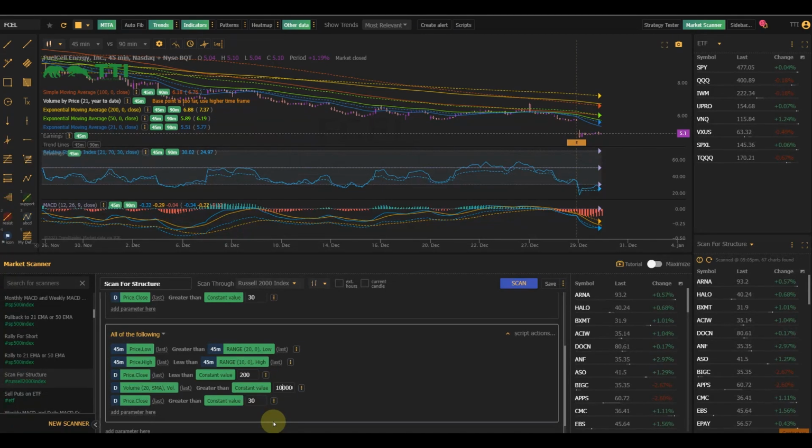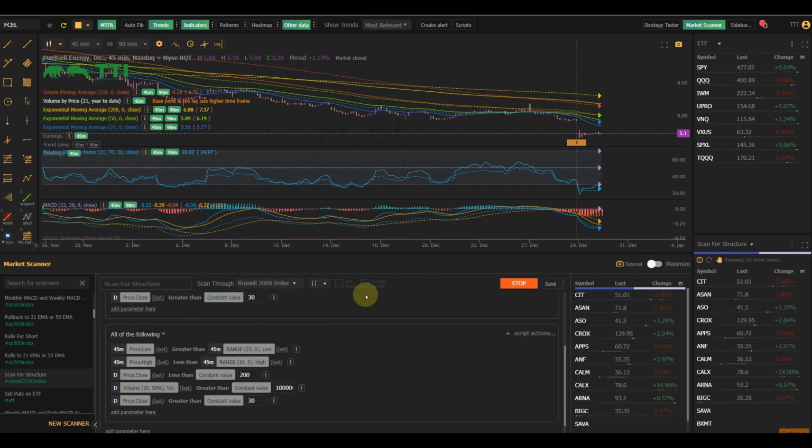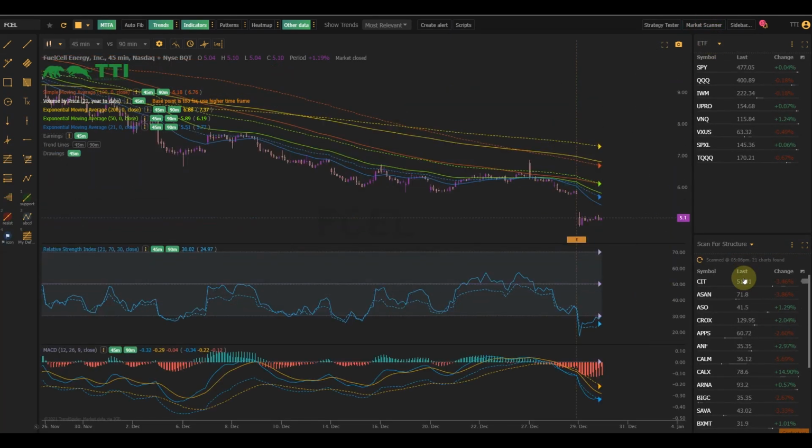Because there's always demand and supply. If you're trading stocks that only trade 50,000 shares a day, you're not going to get the price action as far as technical analysis is concerned. What you really want is the real price action. That's your goal. And as you can see, I just narrowed it down to 21, right?